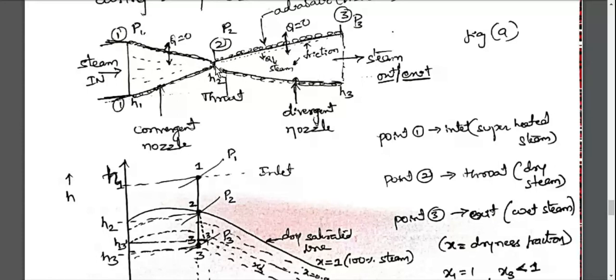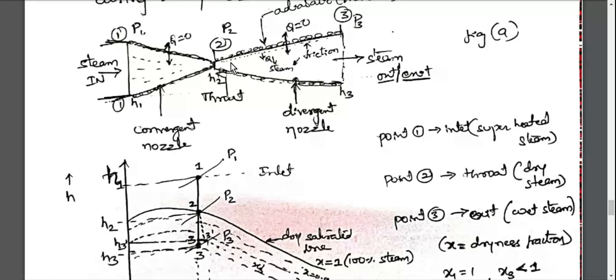Now the expansion of the steam still continues in the divergent part. In the divergent part, the length of the divergent nozzle is more, and obviously the friction will be more. The friction is between the steam and the surface of the nozzle. Assume that the steam is flowing through the divergent part and coming outside.